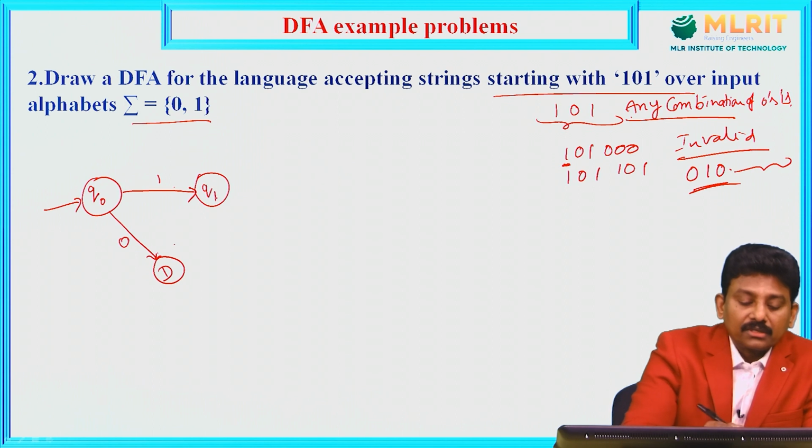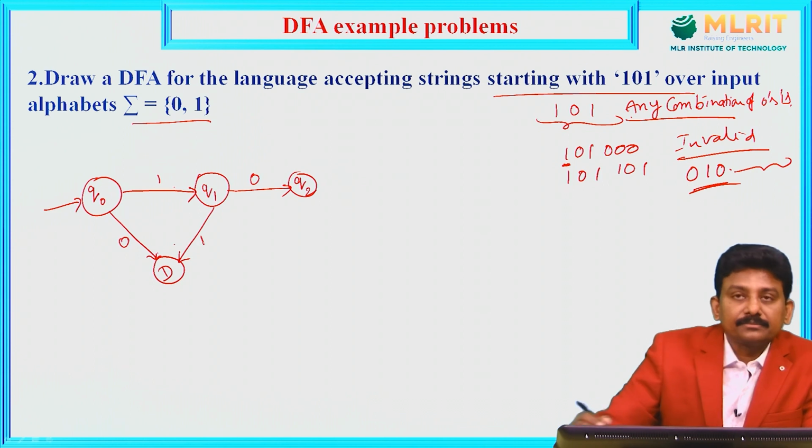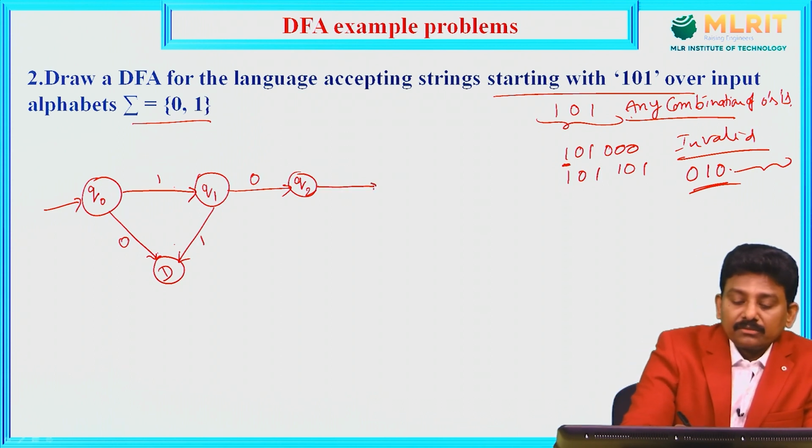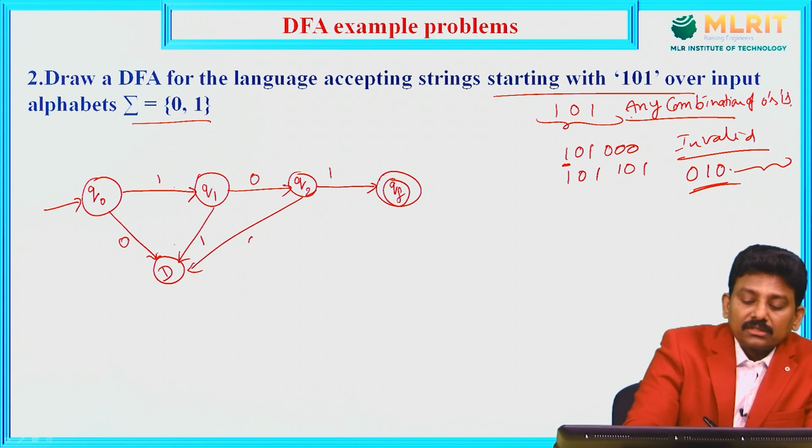So in Q1, if the second symbol is 0, I can go to the next state. If the second symbol is 1, that is invalid, so I go to the dead state. The third symbol must be 1, then I can go to the final state. If the third symbol is 0, that is invalid.